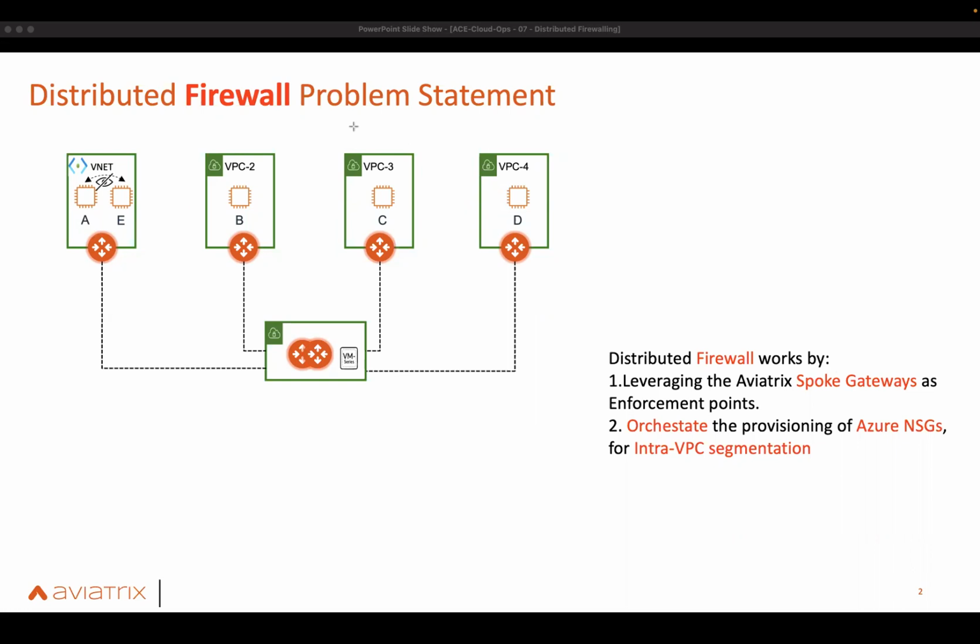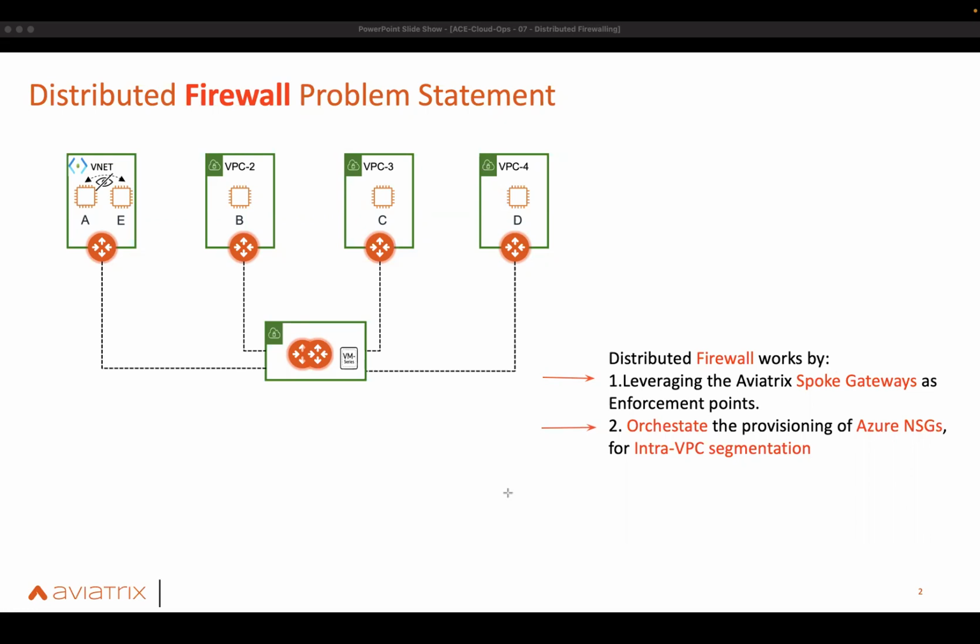The system is intelligent enough to decide, do I deploy the policy on the firewall, or do I render it via the provisioning of Azure NSGs or AWS security groups? You don't need to think about the problem.